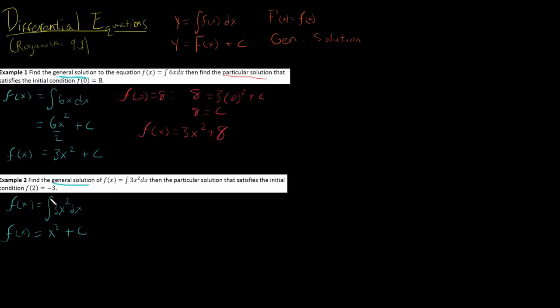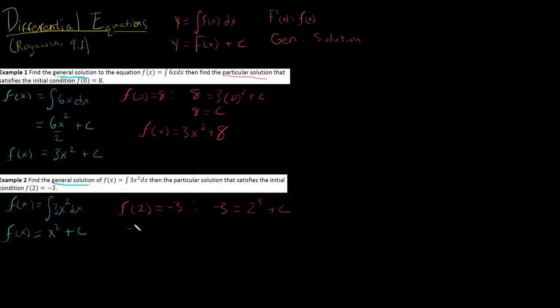Up next, we have the initial condition that f of 2 is equal to -3. So plug 2 in for x and -3 in for f of x. So we'll say -3 is equal to 2 cubed plus c. Let's solve for c.